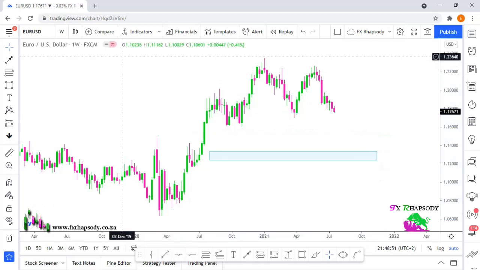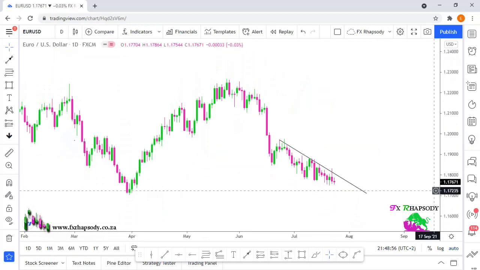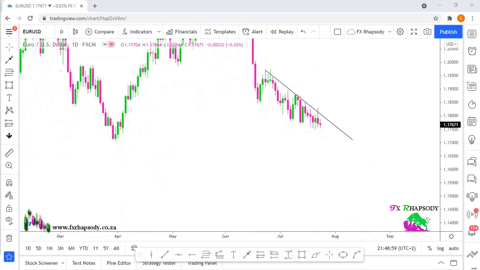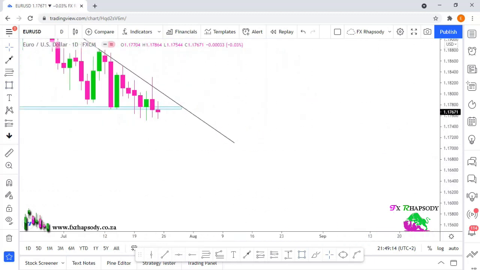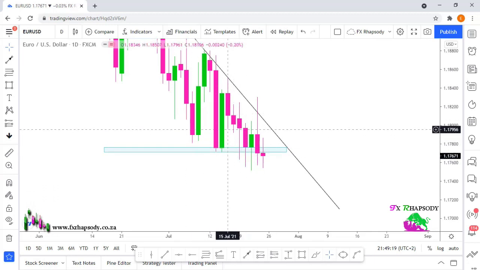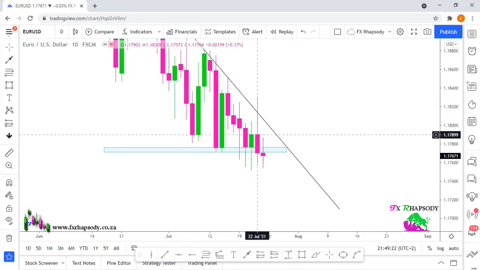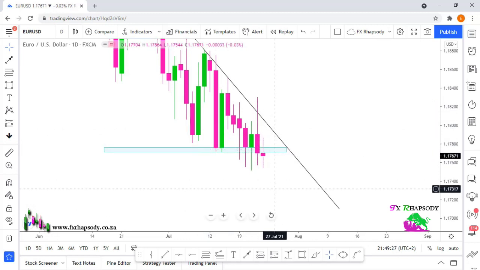So on a daily time frame, let's see what's happening. We've got this downward movement, as we can see with that trend line. If I expand it a bit, you can see that it just broke a previous support. It came up, it was support, and it broke it, and now it bounced, and this support is acting as a resistance currently.